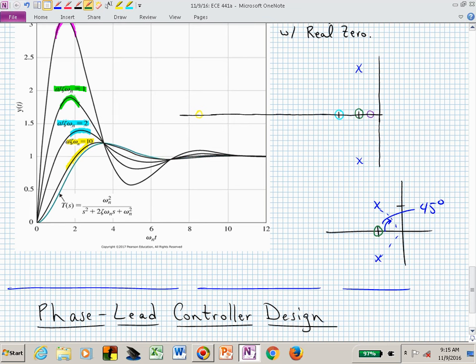So now we're not changing the angle. We're not influencing the angle. We're keeping the angle at 45, but by introducing this zero, that now influences things, because now we have two terms in the numerator. If you look at what you really have in this expression, you now have an s plus a zero.